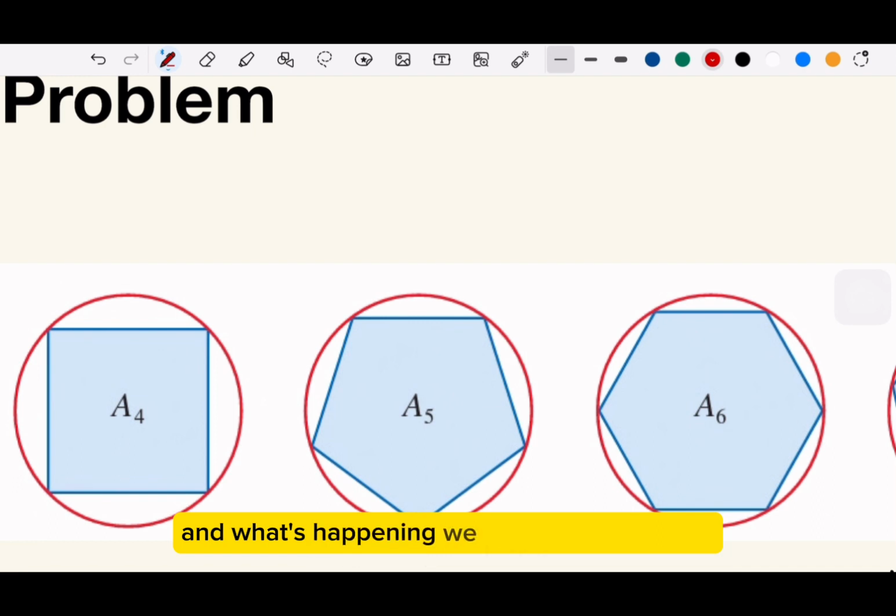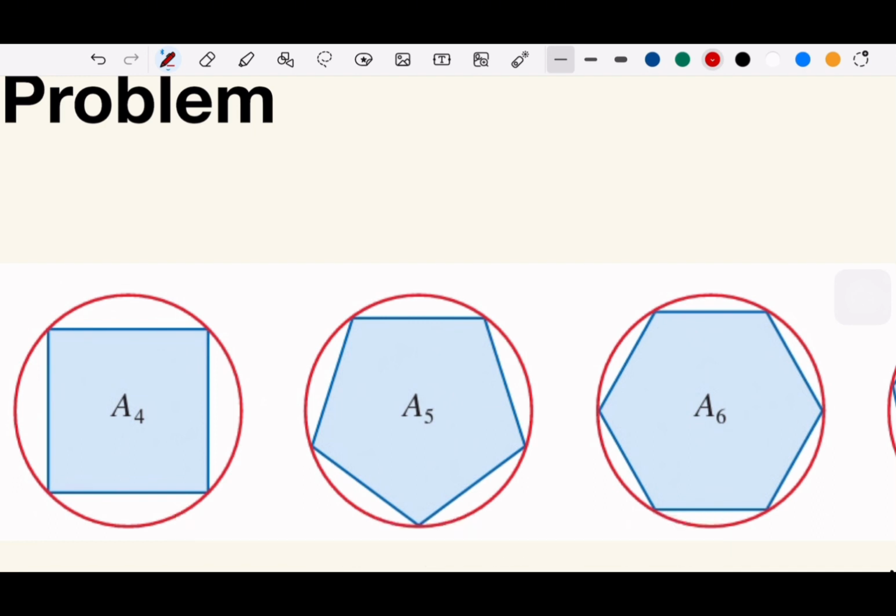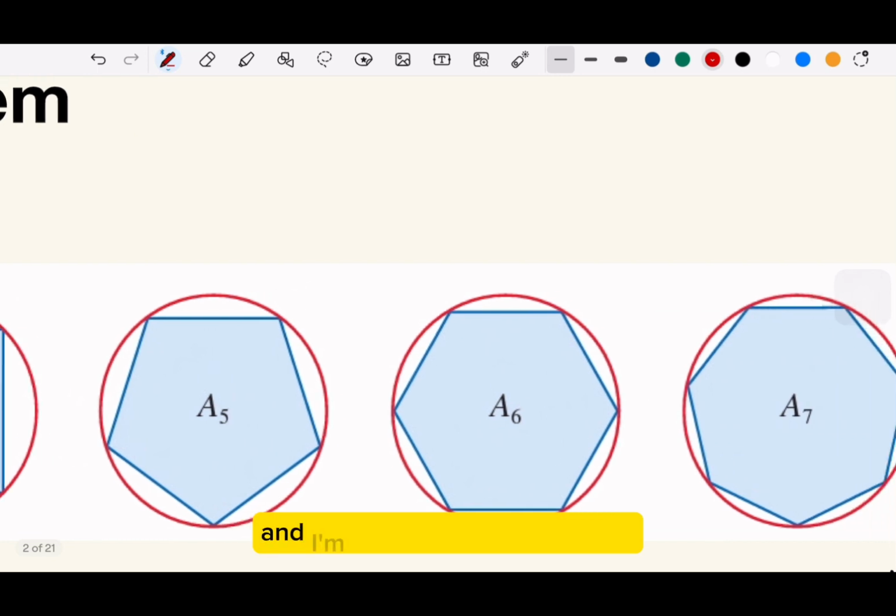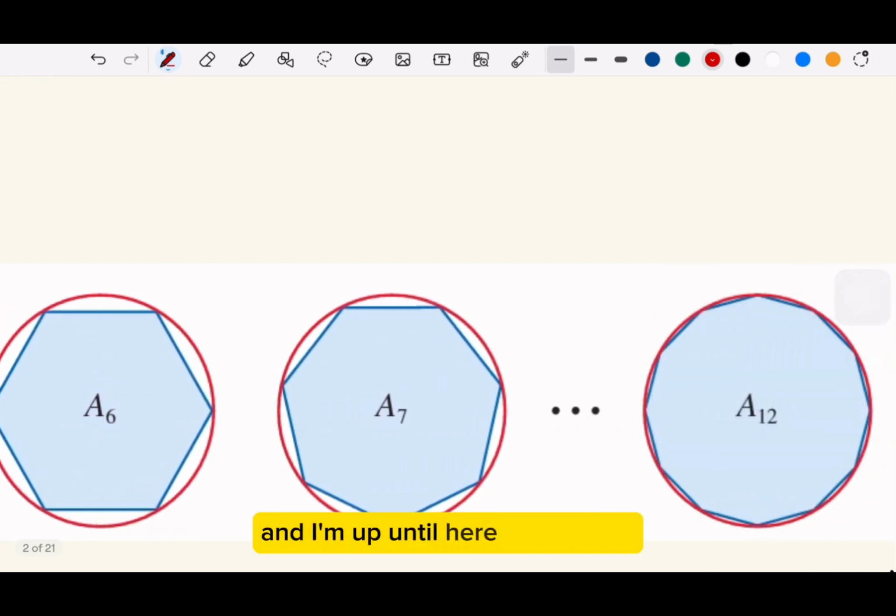What's happening if we increase to maybe 100? You see that it will approach the circle. For 12, it's already touching the side of the circle, and it's getting closer and closer.